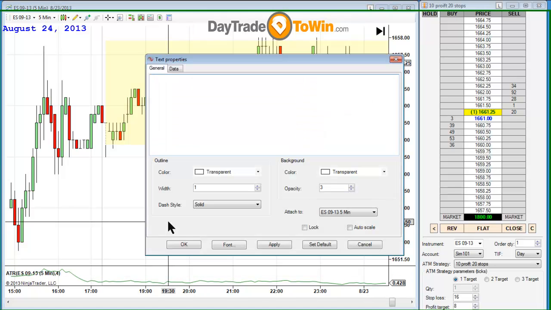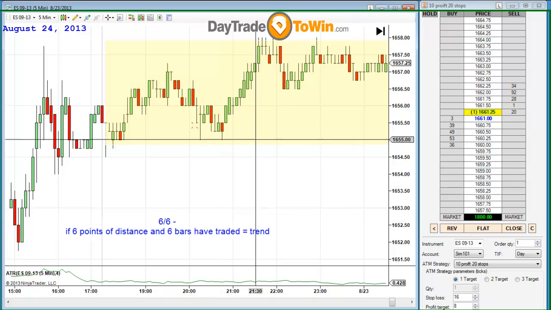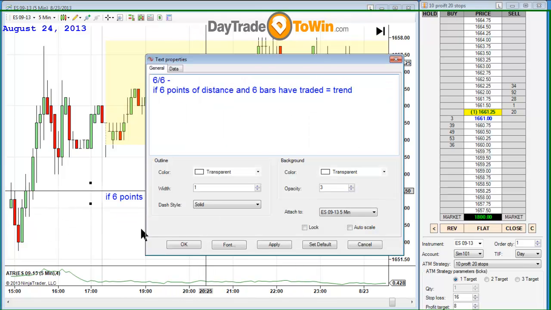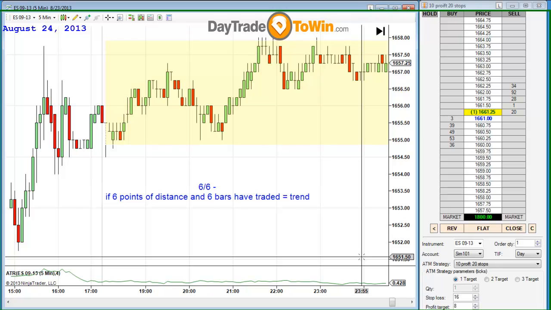The 6-6 rule tells me that if 6 points of distance and 6 bars have traded, you have a trend, period. I don't use any type of support and resistance or pivot points or value areas, Gonzalo. What I teach is manipulation and how to understand price. So 6-6: 6 points, 6 bars.